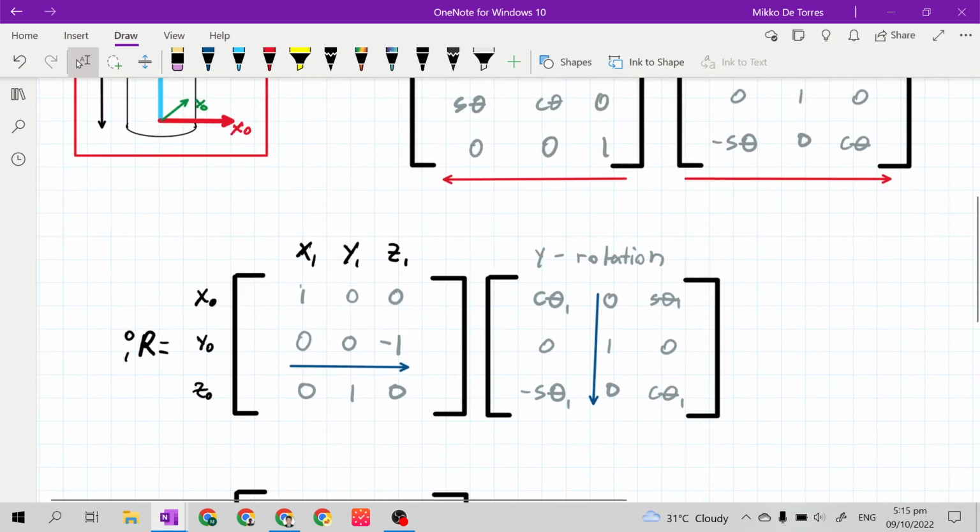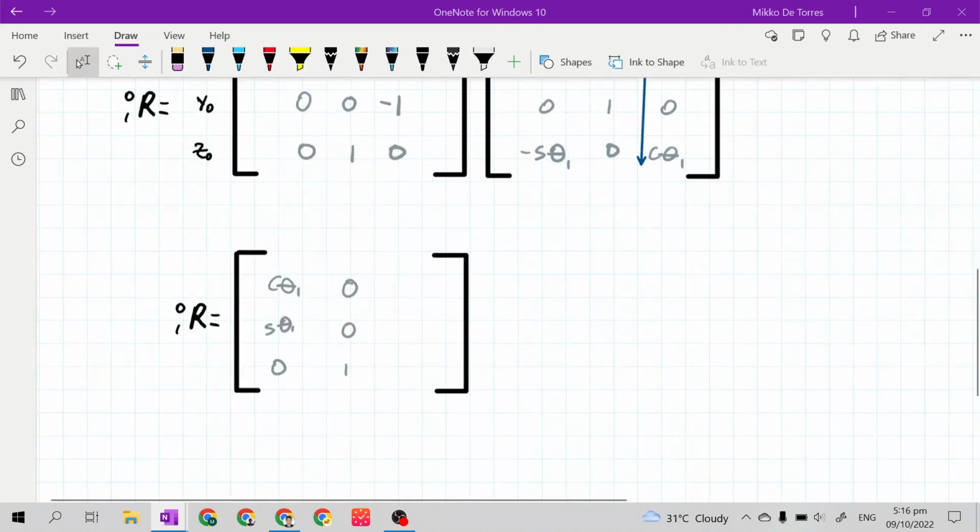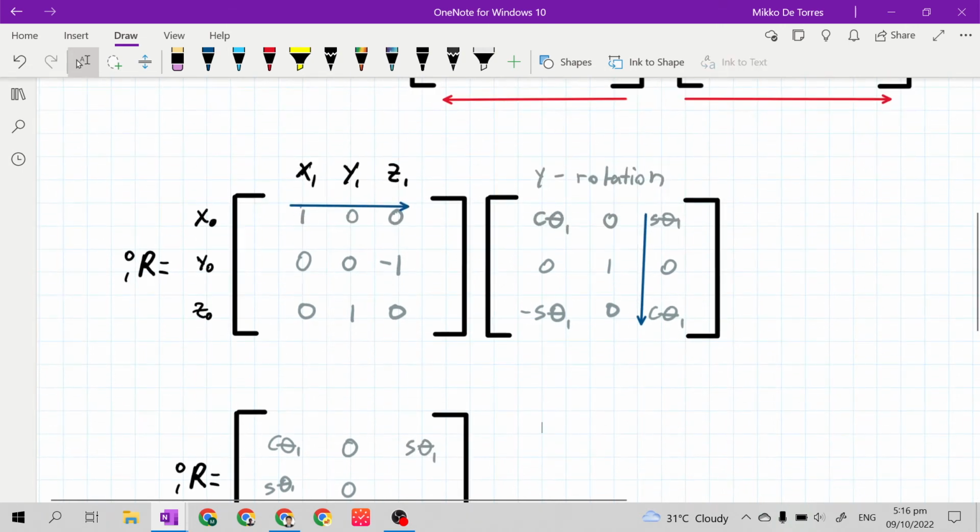Then for the third column, we will repeat from the top of the first 3 by 3 matrix, then the last column of the second 3 by 3 matrix. So 1 times sine theta 1 plus 0 times 0 plus 0 times cosine theta 1, we will get sine theta 1. Next, second row.